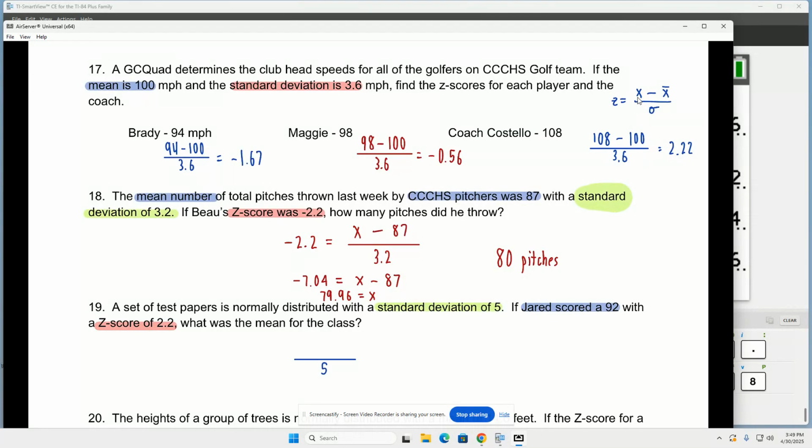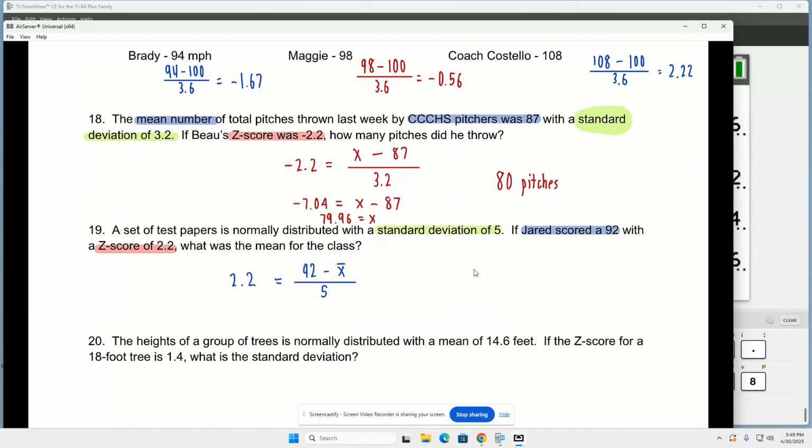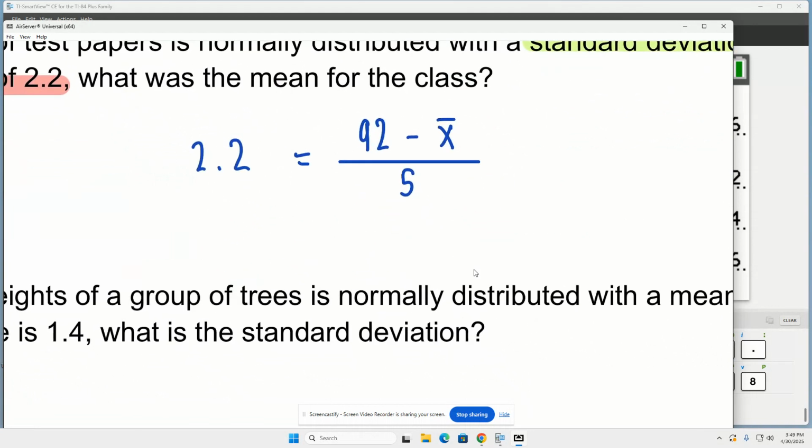Well, his score is right here, 92. All right? They told me that his z-score, that's here, is 2.2. So clearly, we're missing this value right here, which we know is the mean. All right, so there it is. This is our formula with all the values they've given me plugged in, and of course that missing mean value.